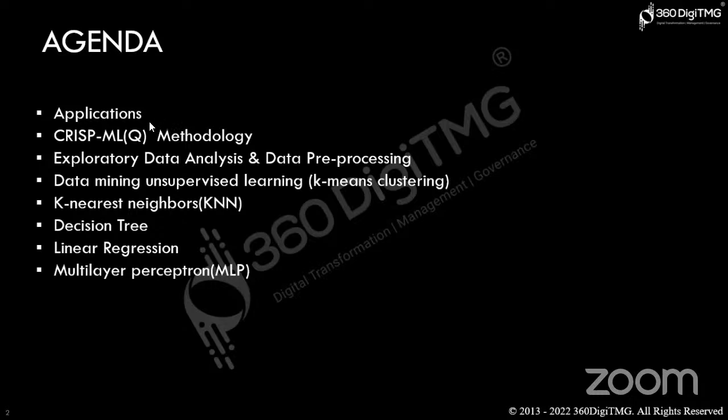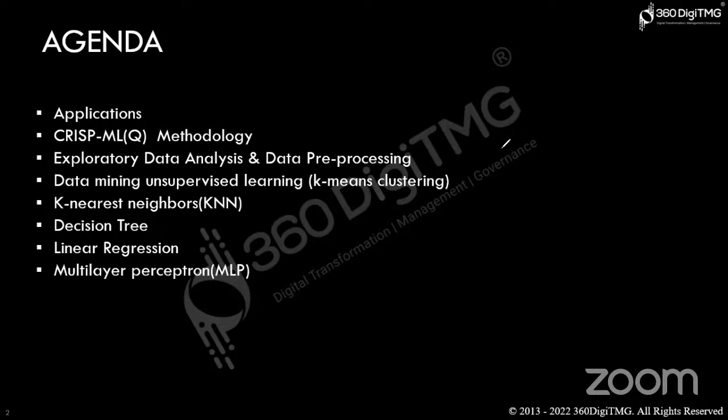And we'll be using the CRISP-ML methodology, that is, Cross-Industry Standard Process for Machine Learning with Quality assurance. It is a standard process for doing a data science project. It could be any domain, whether it is web and mobile analytics, healthcare analytics, education, or fraud analytics, anything.